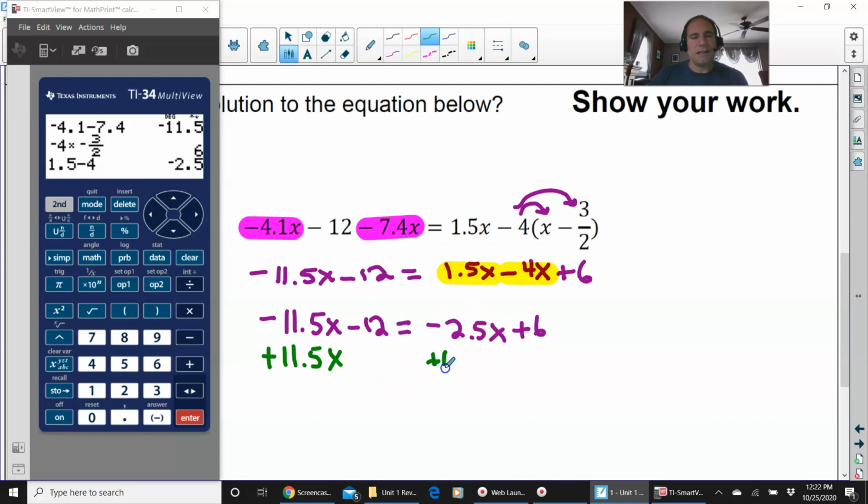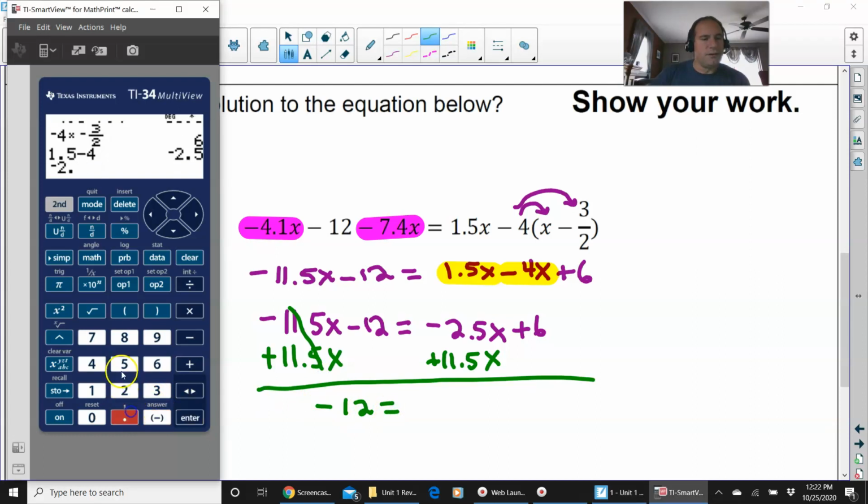I just want to stay in the positive. Getting the x's together, we have negative 2.5 plus 11.5. It is 9x.